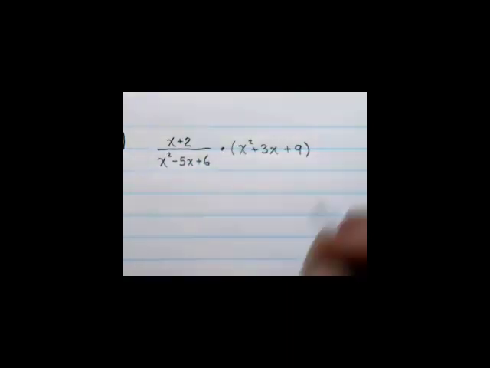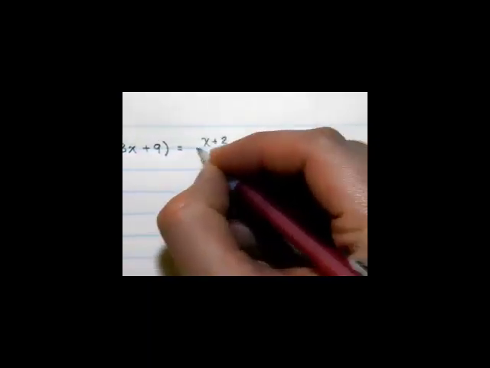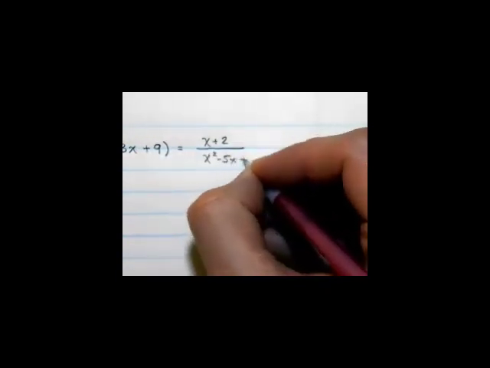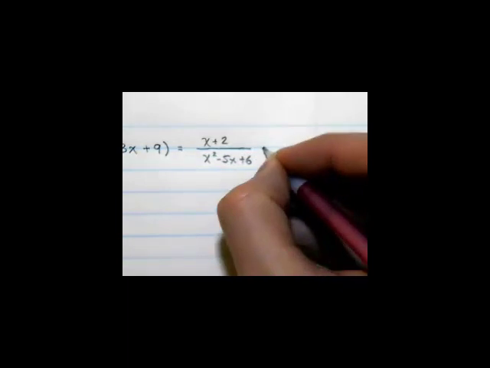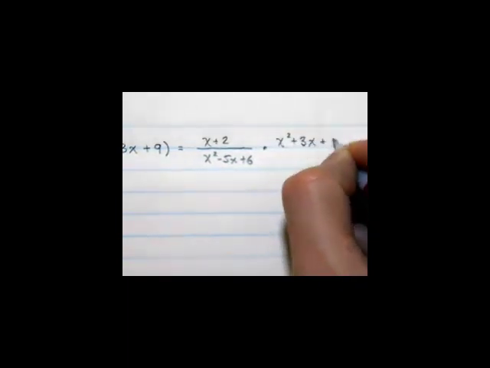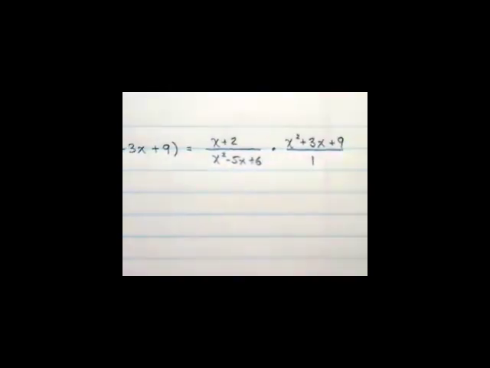So let's just do that before we go any further here, just so it looks the same. Okay, and from there, really the process is the same. We just have to do a little factoring here to set it up.